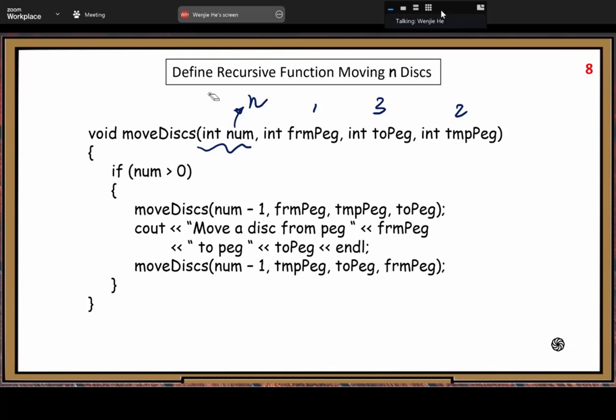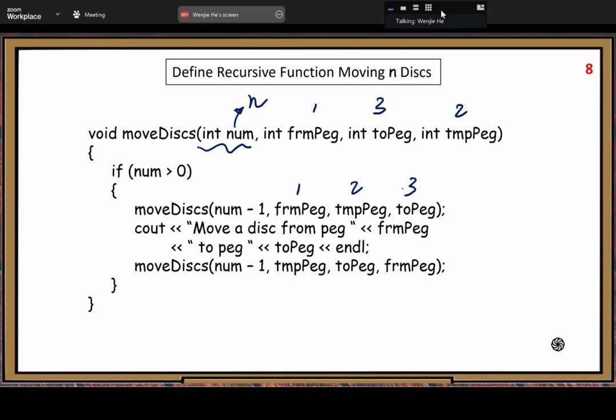Then you need to carefully arrange the 3 peg numbers: beginning peg number 1, destination peg number 2, and temporary peg number 3. So you apply that. Then move your bottom disk. You just print out a message showing that you move the disk.